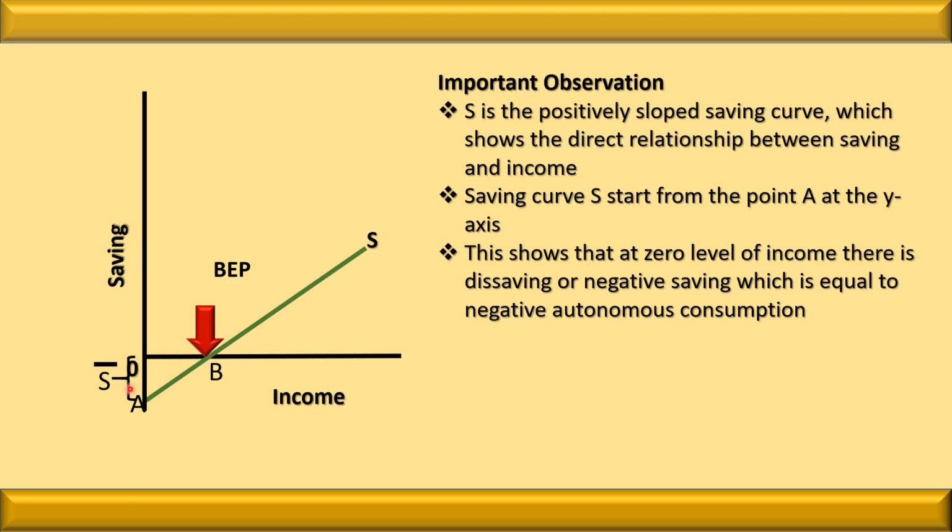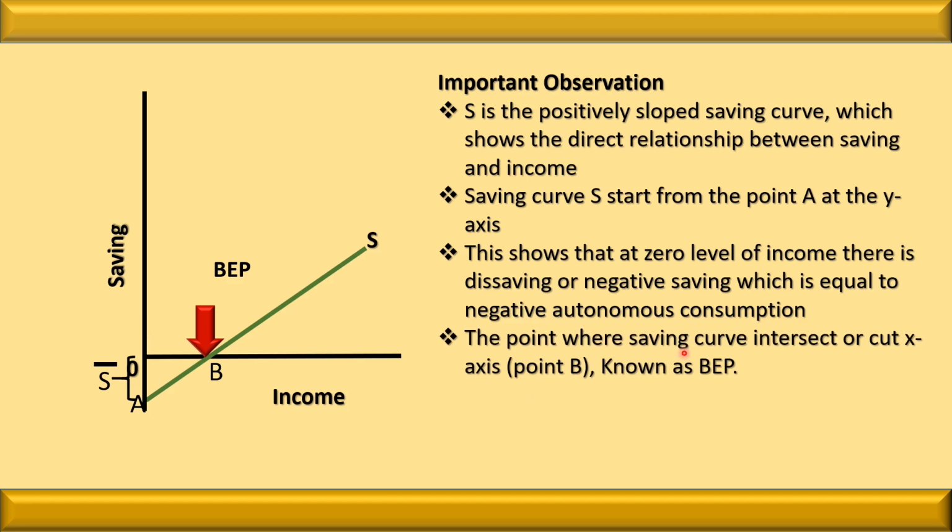It means that when the income is zero, the person will borrow money sufficient to purchase the minimum requirement of life, or the minimum consumption level. That is autonomous consumption. So when the income is zero, the autonomous consumption is always equal to this saving. The point where saving intersects or cuts the x-axis is known as the break-even point.